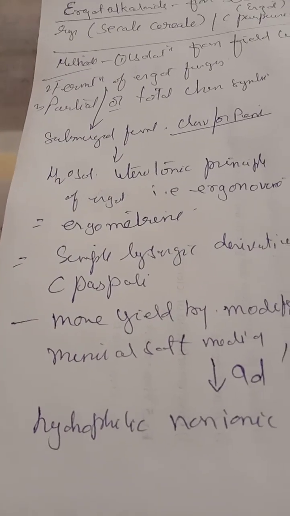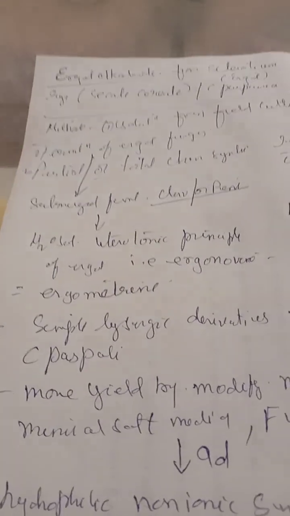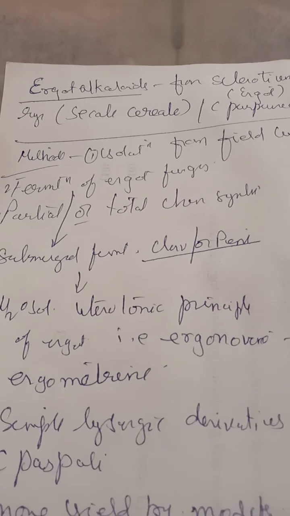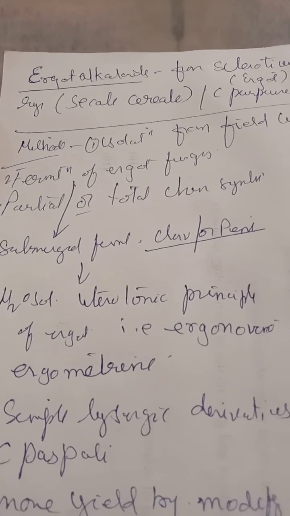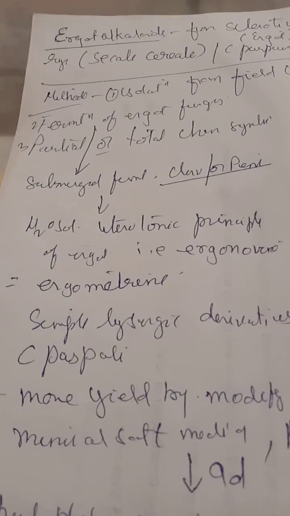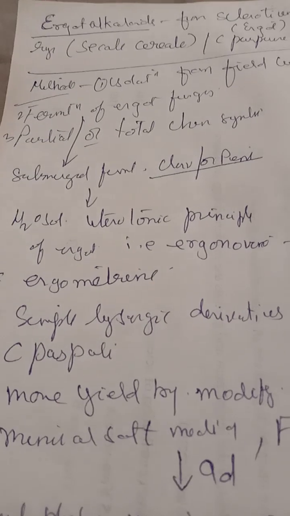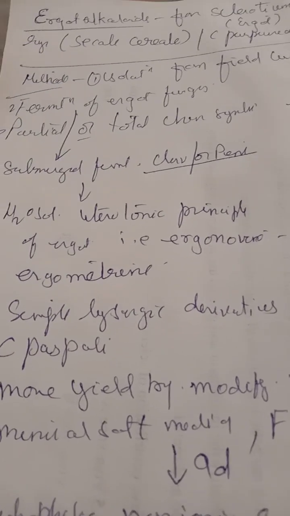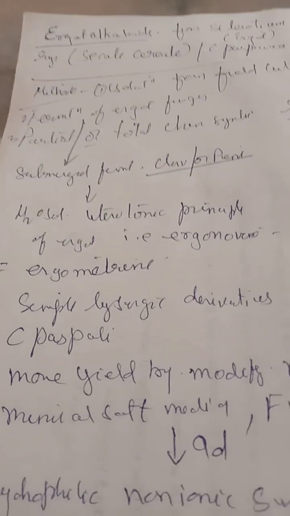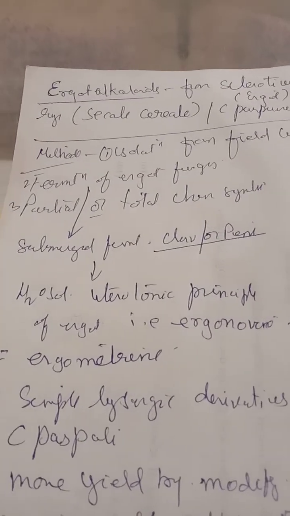So the other alternative for production of ergot is fermentation using the fungus. This is normally done by submerged fermentation, where the process organism, that is the organism used for production of ergot, is normally Claviceps, or even some species of Penicillium is used.